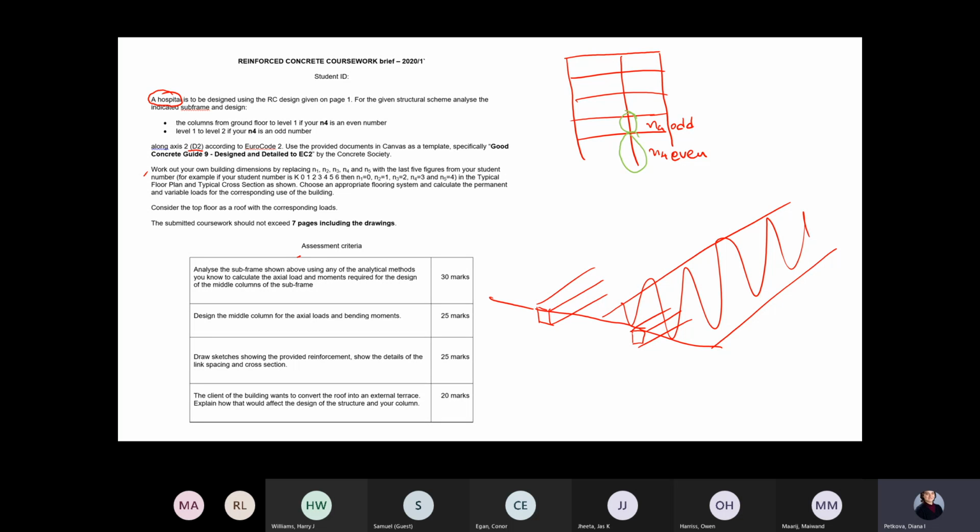So we have the lecture on T-beam, then we go into the lecture on columns, and then we go into the lecture on analysis.